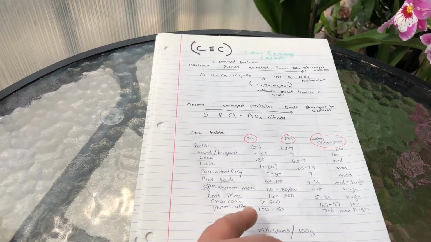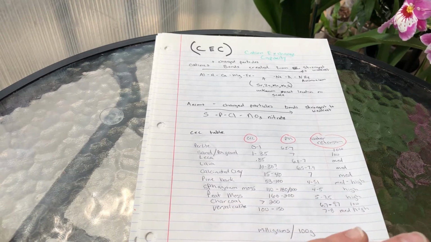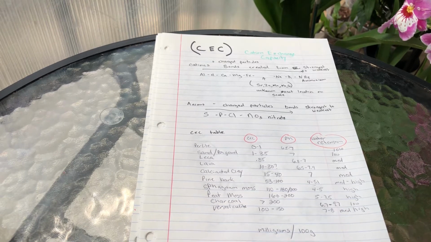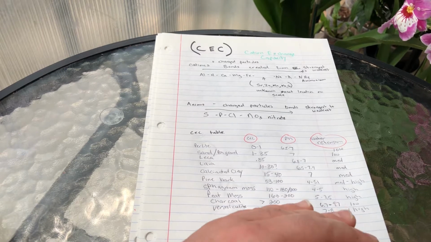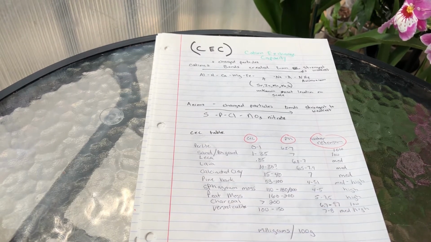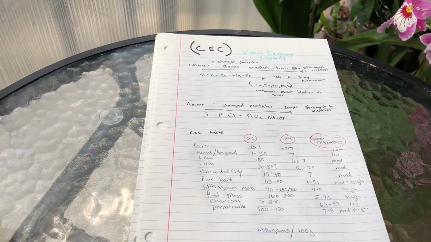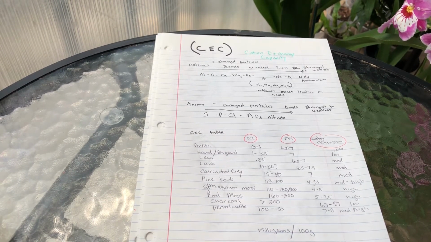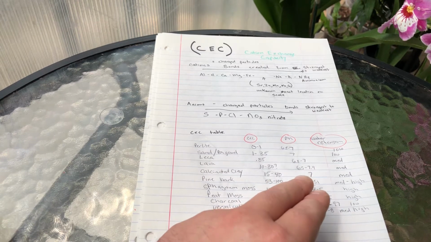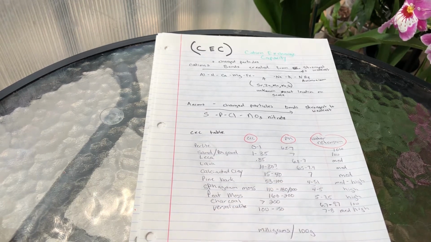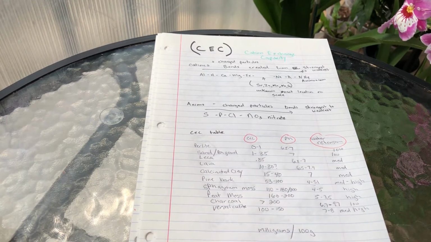Leca: I went with the value from the Leca place, 0.85, with a pH anywhere from 6.8 to 7, and medium water retention. Lava has a potential to hold 10 to 30 milligrams per 100 grams, pH of 6.5 to 7.9, and medium water retention.